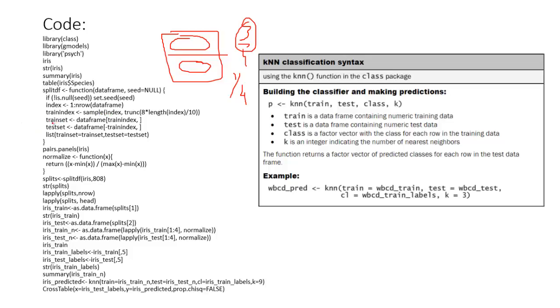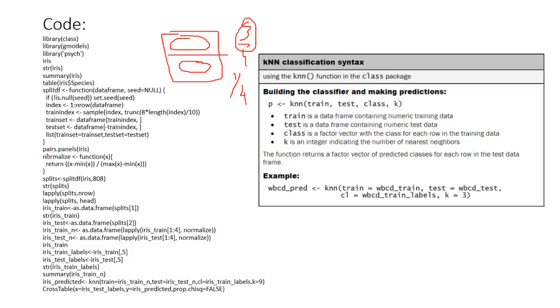I have created the train set using the data frame with train index, and test is the minus train index. Here minus omits all the indexes which have already occurred in the train dataset. So the test set is all those indexes which have not occurred in the train set. I have returned the train set and test set in the form of a list, and this is the function.